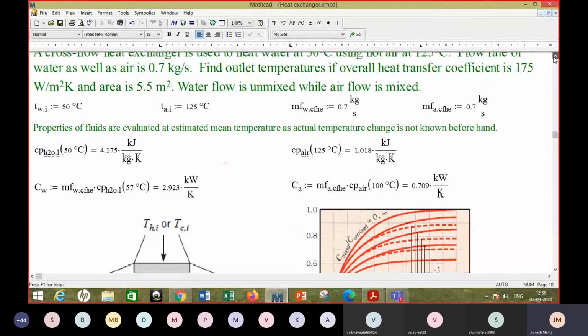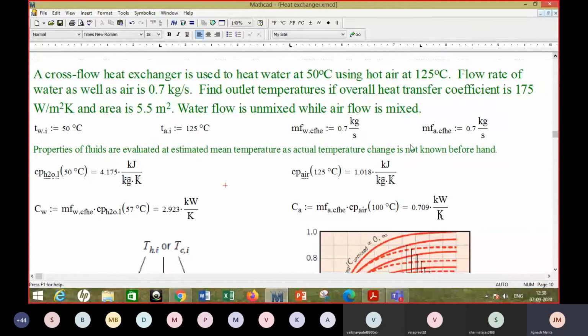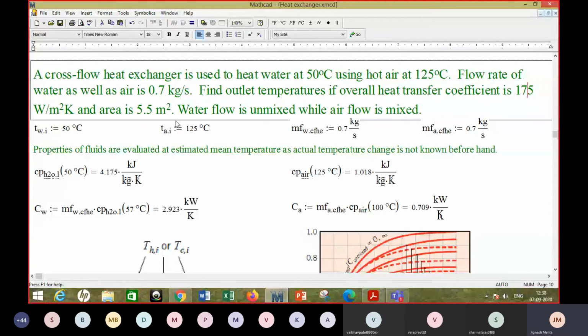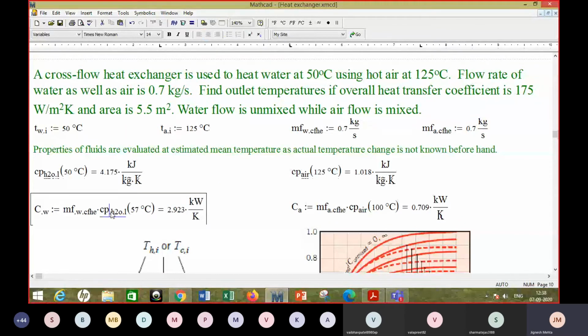You have different things: area is there, U is there, and C values are there. NTU is equal to UA upon C minimum, so get the value of NTU.